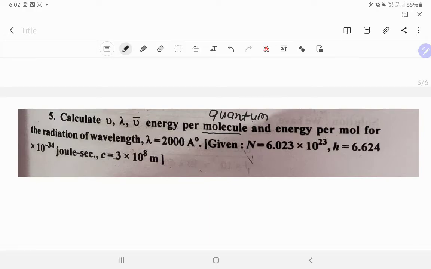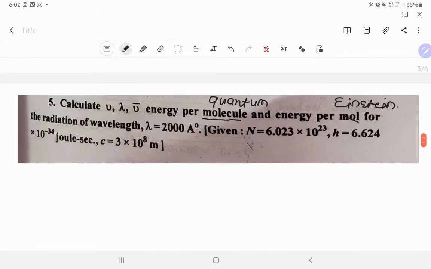And this energy per, not mole, it should be per Einstein. What is given? Radiation of wavelength. We have only lambda, 2000 angstrom.